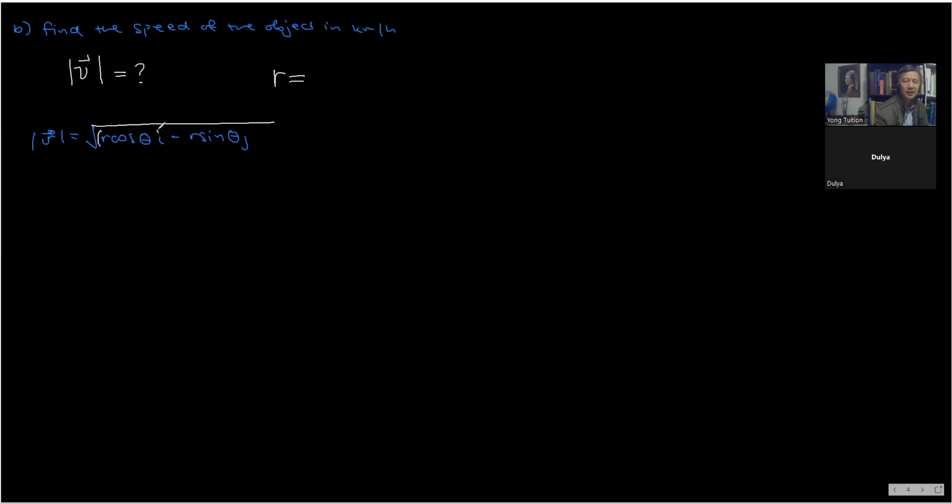You have to use squares. So the velocity amplitude is equal to the root of the x component velocity squared plus the y component velocity squared. If it's 3D space, you can add another one.